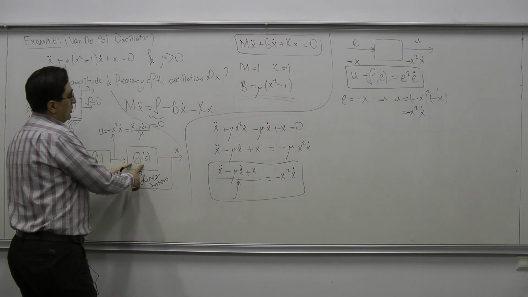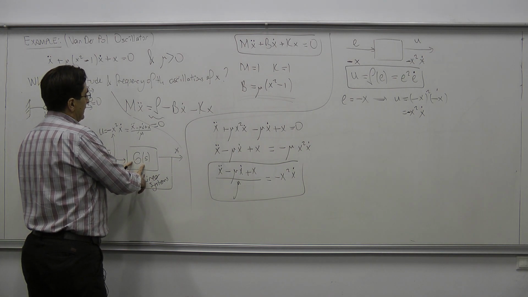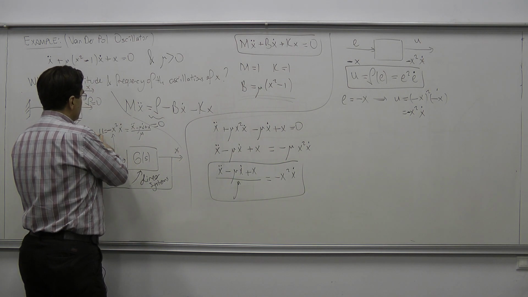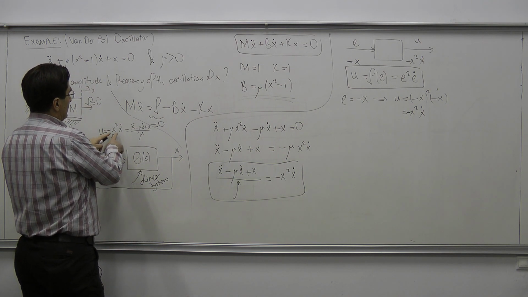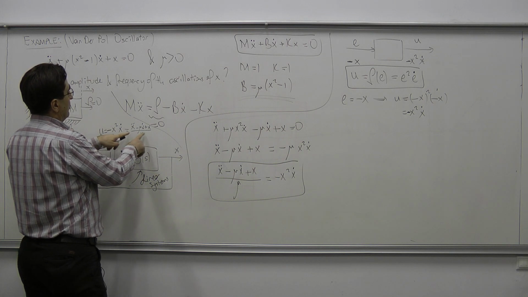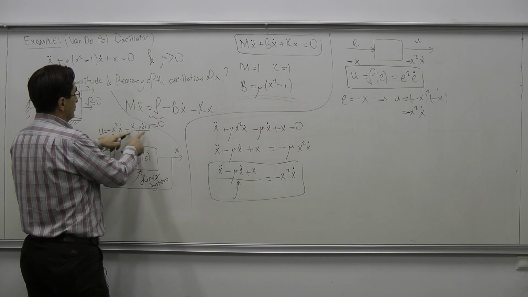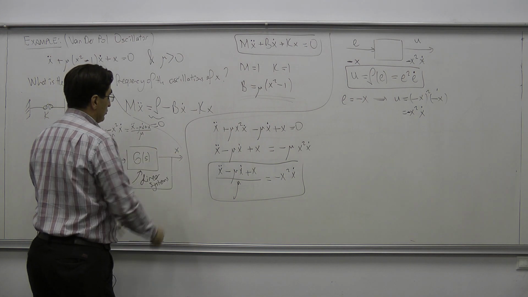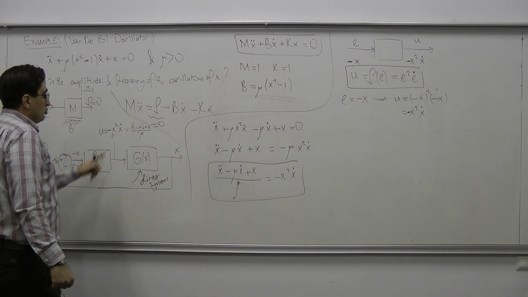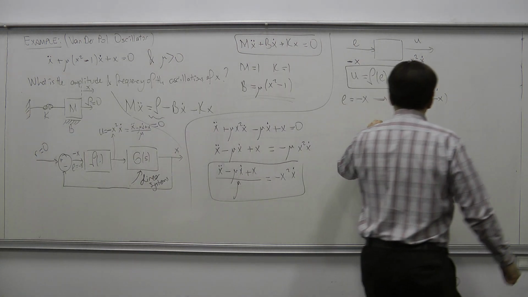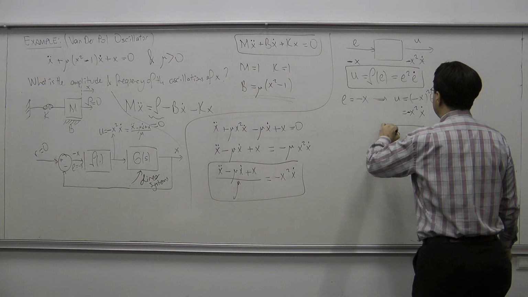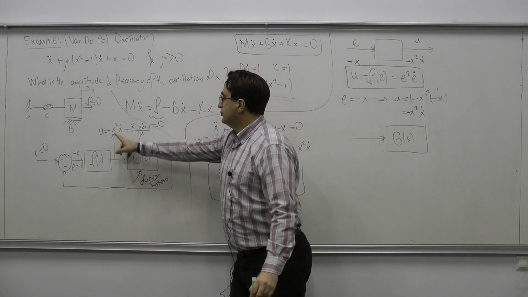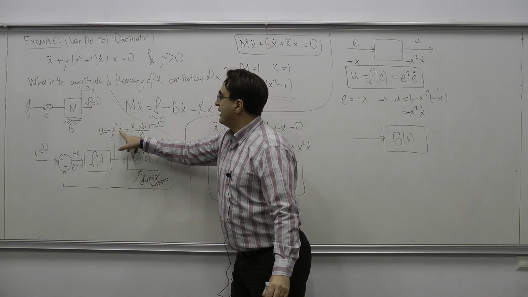And what about G of S? I need to find a linear system such that this U signal, which is given either by this or this, has to convert this U signal into X. Okay? So you see that in the input of G of S, I have the signal U. U is equal to minus x squared x dot.